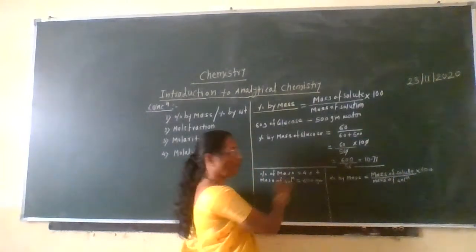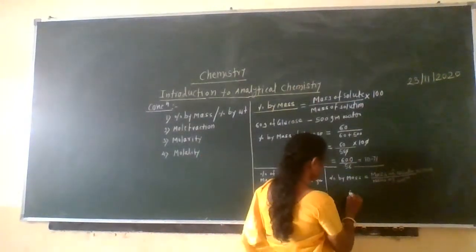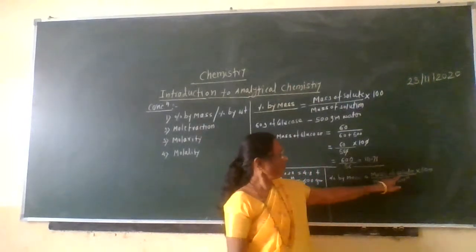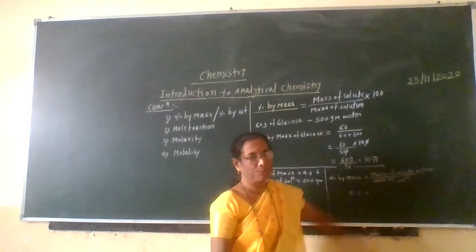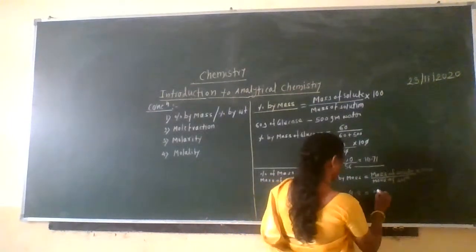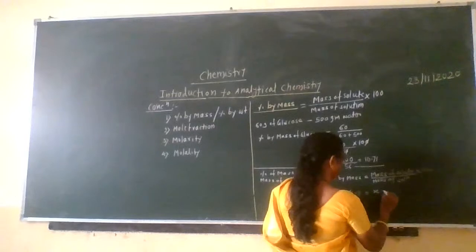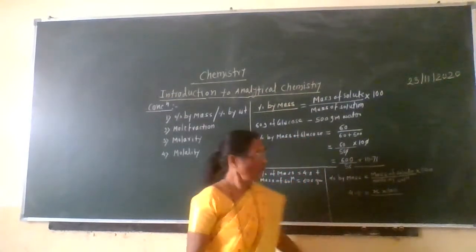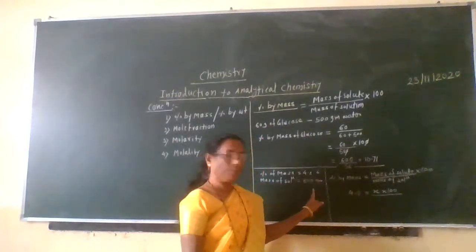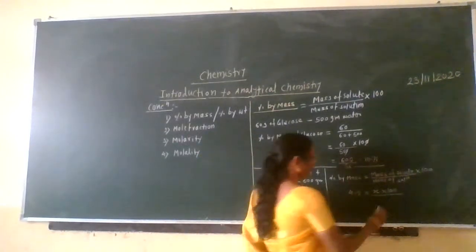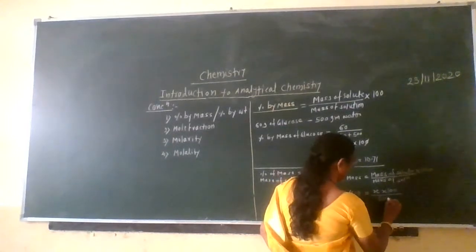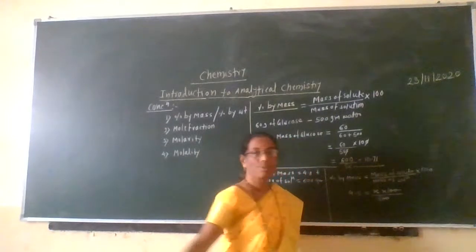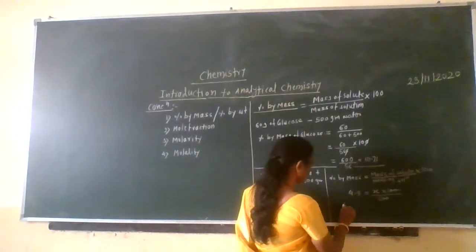What is it? 4.8. Therefore we can substitute here 4.8 is equal to mass of solute, which is not given in this problem. Therefore we can assume it x. Suppose x multiplied by 100 and divided by mass of solution. It is given 600 gram. Therefore we can write here 600 gram. Cancel these two zeros with these two zeros. What is remaining here?